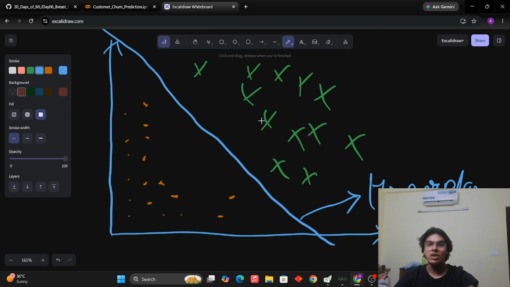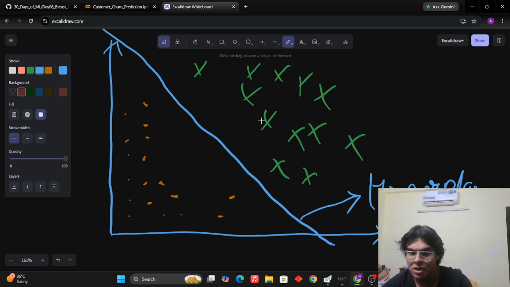To separate two dimensions, you need a line. To separate three dimensions, you need a plane. And what about four dimensions, five dimensions? It can be anything, which is why it is not called a line or a plane. It is called a hyperplane. It is like a universal word. Hyperplane can mean line, it can mean plane, it can mean whatever we require in the situation to separate the data points. Okay. So this is the hyperplane.